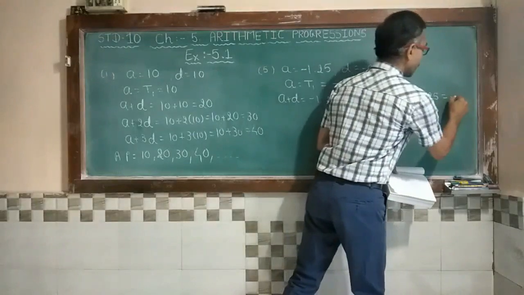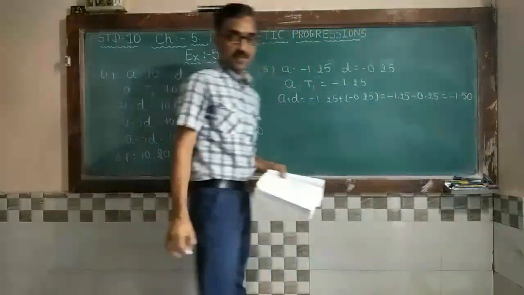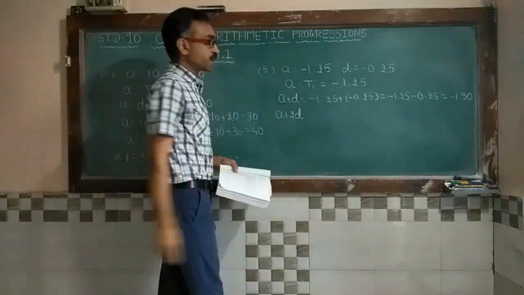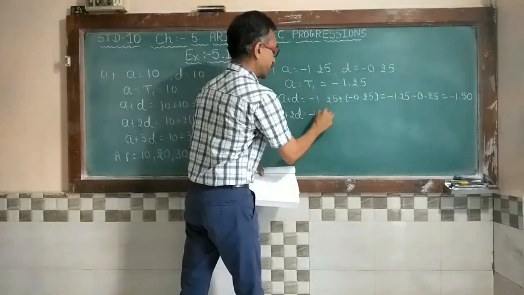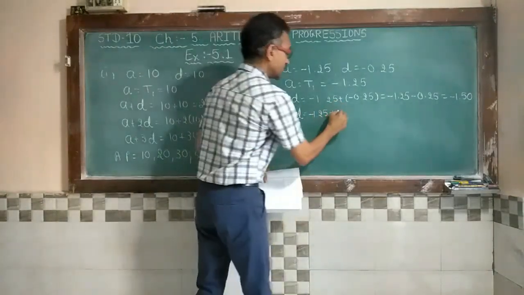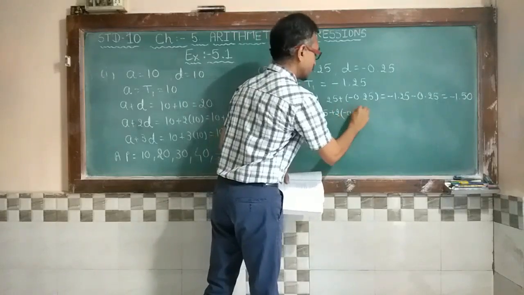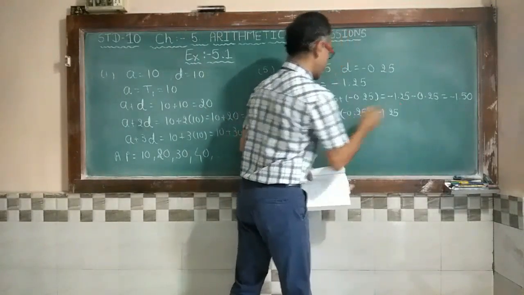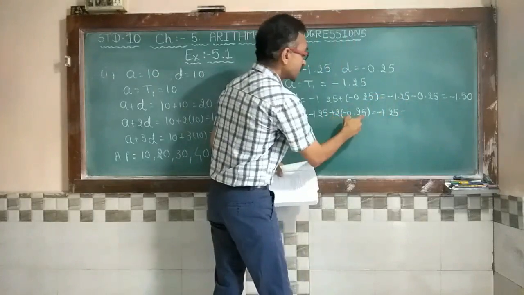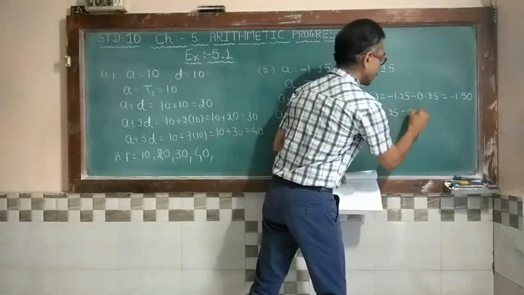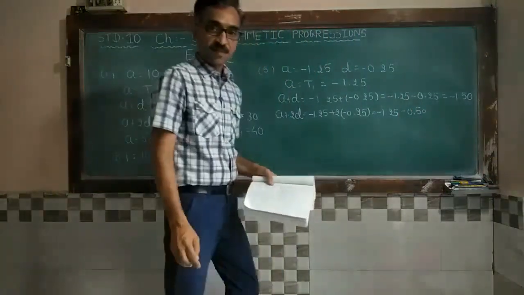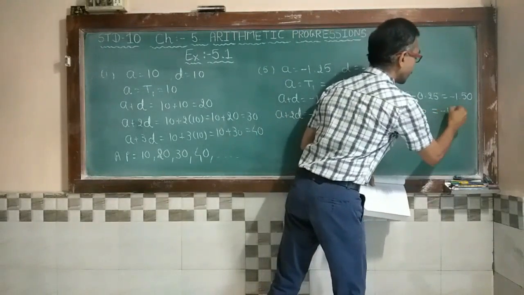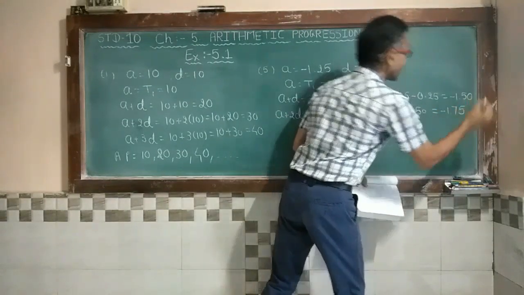So the answer is minus 1.50. Okay, then A plus 2D: minus 1.25 plus 2 into minus 0.25, that means minus 1.25 plus minus 0.25 into 2, that is minus 0.50. Okay, so minus 1.25 and minus 0.50, that means minus 1.75.